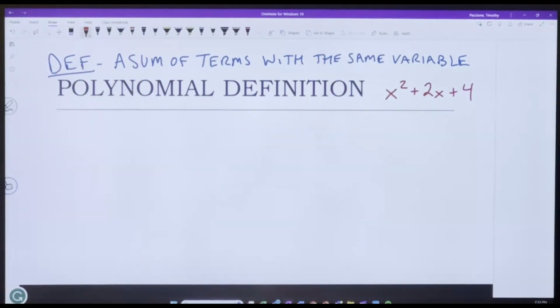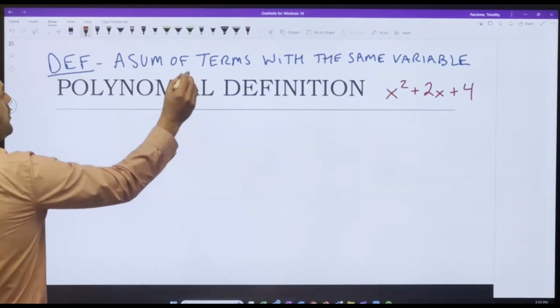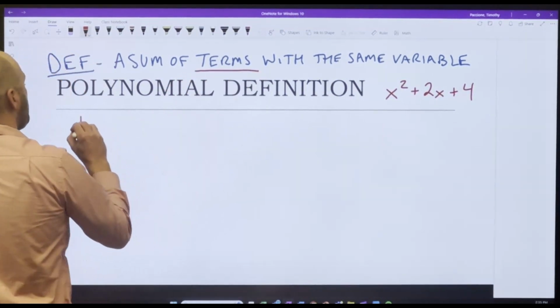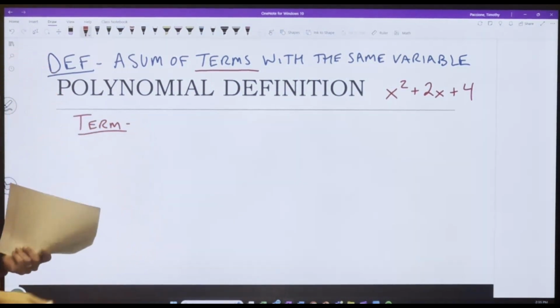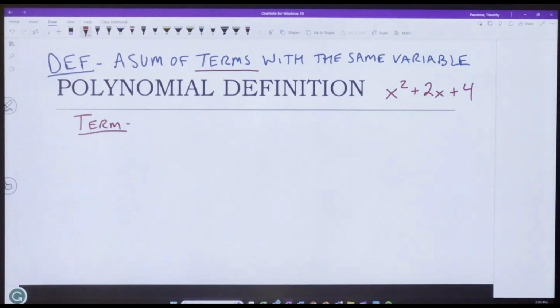That would be a polynomial. Okay? All right. But before we get into more examples, let's talk about that word term, right? What is a term? Anybody know what a term is? Glad we're covering it.